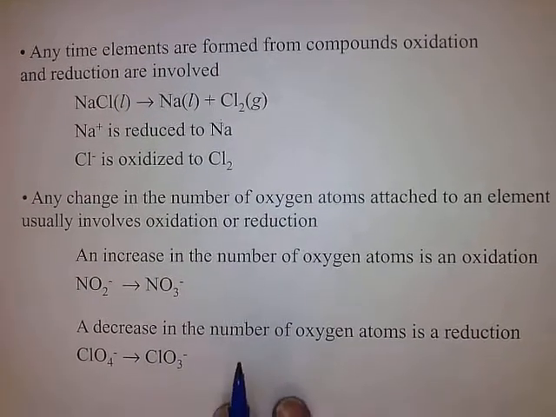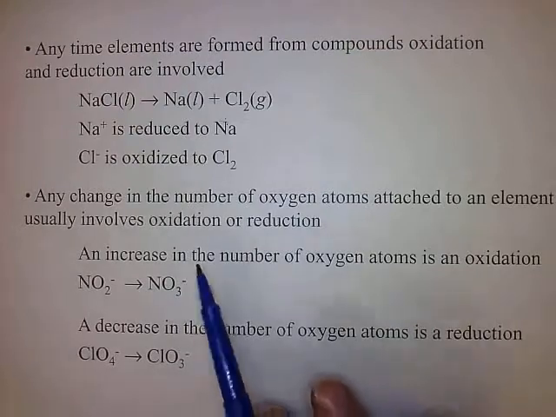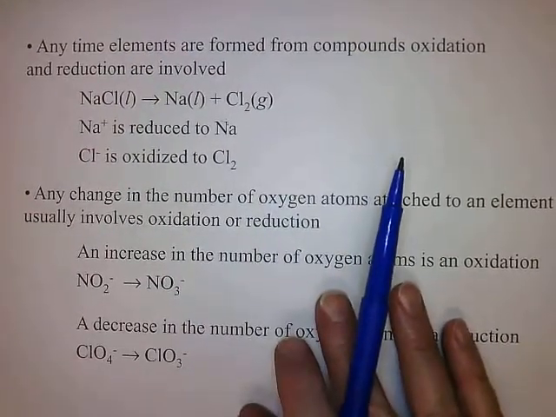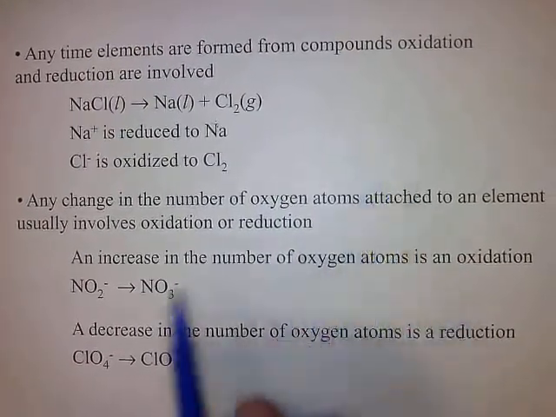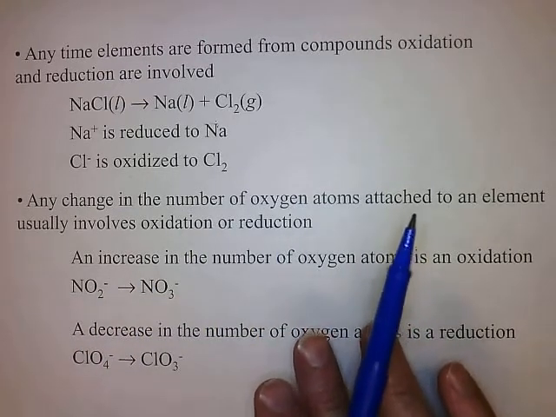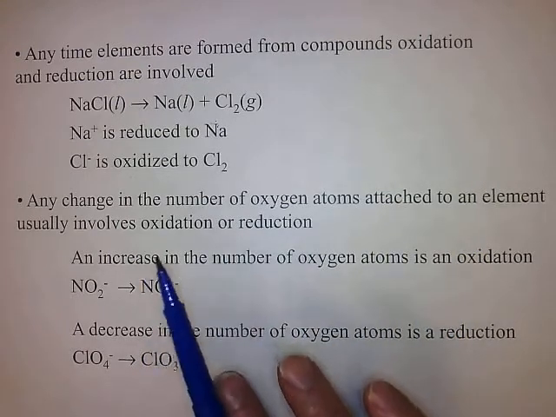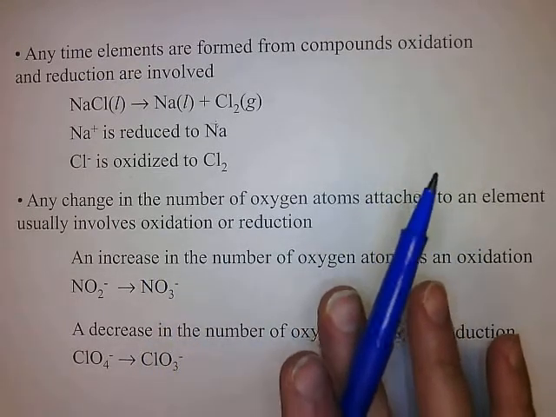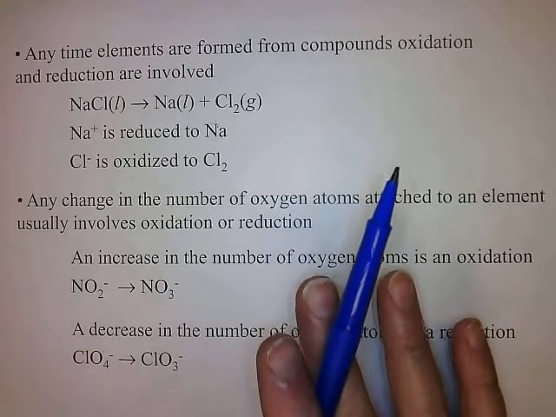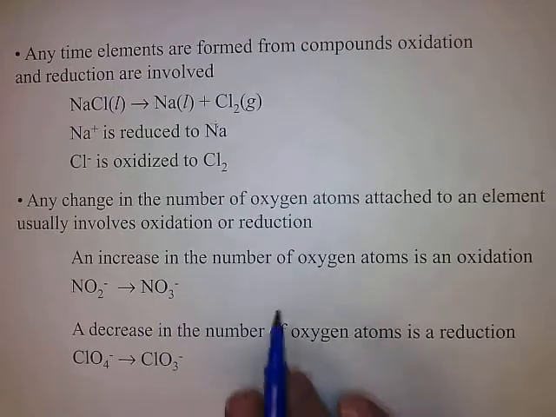Now, what might not be as obvious is that any change in the number of oxygen atoms attached to an element, all other things being the same, the same central atom and the same charge, always involves oxidation or reduction.